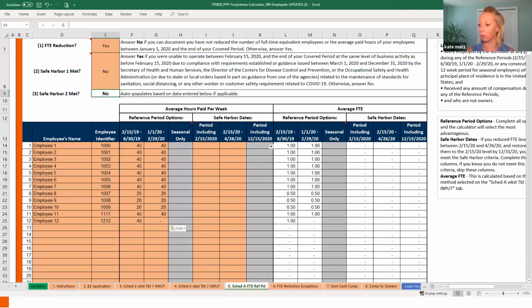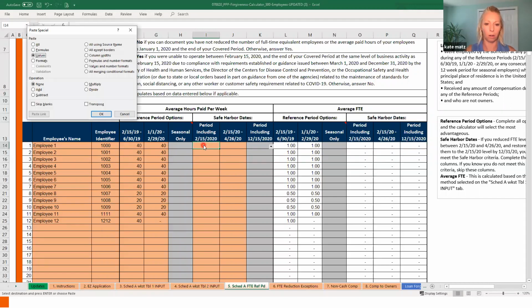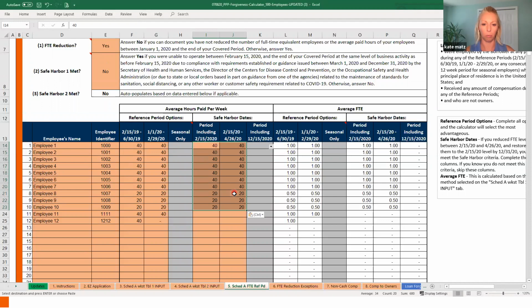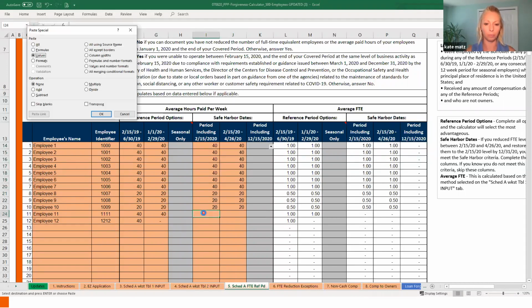So we're going to put in our hours during that first period. So what we had for the period including 2/15, and then we'll plug in what hours we had for those employees during that next period, that 2/15 to 4/26.